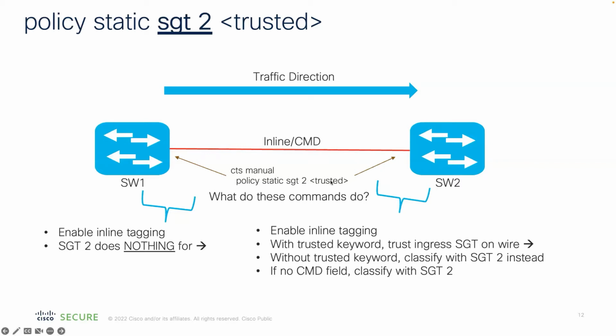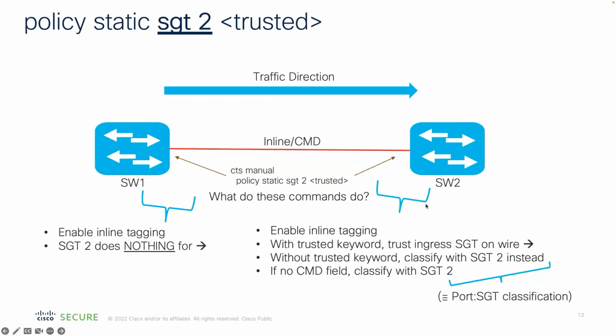Now, if you don't have trusted, then it just means do not trust the SGT 10 that might be coming in. I'm going to reclassify the traffic coming in with SGT 2. And then also, if there's no CMD field at all coming into this interface, then also classify with SGT 2. So these last two methods are really like port to SGT classification. Any traffic coming in, I don't want to trust it. Even if it's got an SGT on it, I'm not going to trust it.